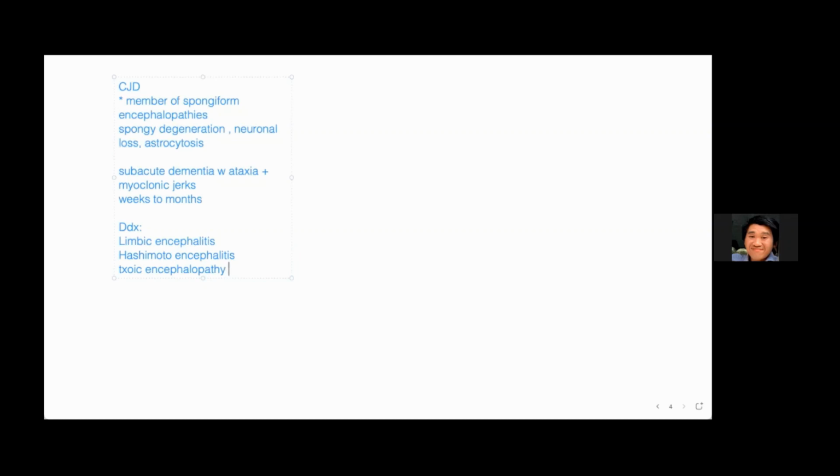Sorry, this may seem like a peripheral question, but with the dementia-like symptoms, would that occur before or after, say, a nephrotic syndrome induced by lithium? Sorry, what was that? I'm just wondering, in a bipolar patient, if you're worried about the side effects of lithium, would you worry more about the dementia-like symptoms or the nephrotic syndrome? Toxic encephalopathy is really rare following lithium, but it is one of the considerations.